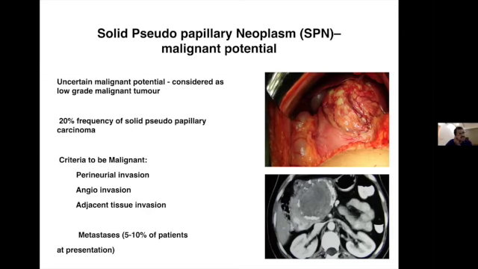If you look at perineural invasion, angioinvasion, or adjacent tissue invasion, there may not be actual invasion; there may be some inflammatory adhesions only. But around 5 to 10% of patients may have metastasis at the time of presentation. We have done Whipples for more than 16 patients with SPEN of the head of pancreas.